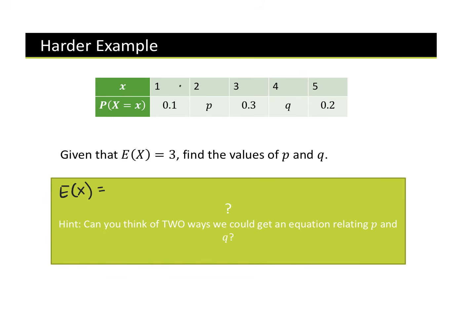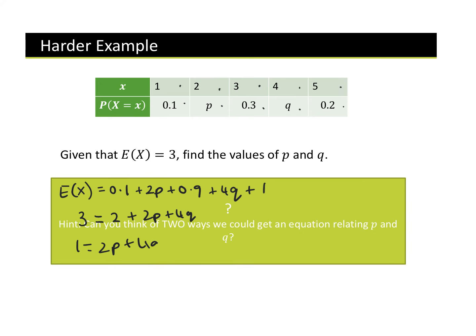By doing the sum. 1 times 0.1, 0.1. 2 times p, 2p. 3 times 0.3, 0.9. 4 times q, 4q. 5 times 0.2, and we all know that 5 times 0.2 is 1. Now our expected value is 3, which equals 2 plus 2p plus 4q. So that means 1 equals 2p plus 4q.